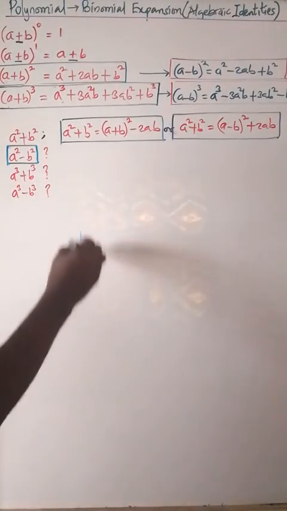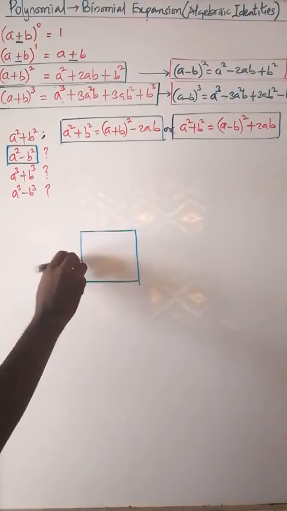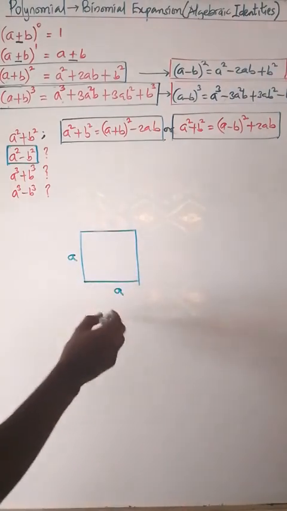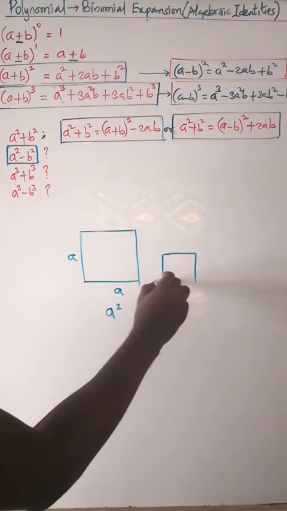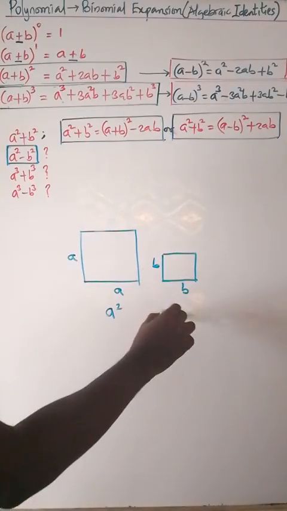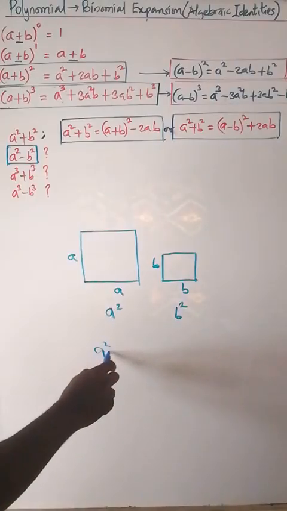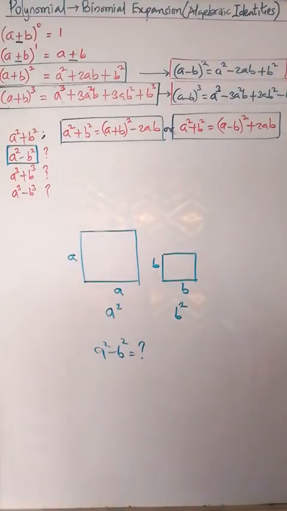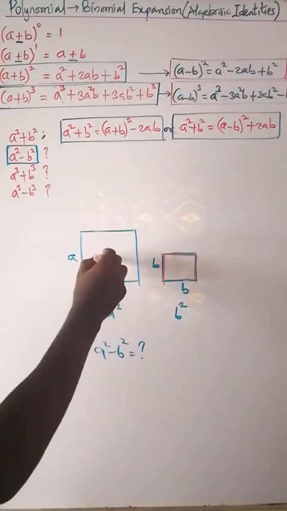Now suppose we have a square of side a. The area of this square is a squared. If you have a smaller square of side b, the area of this one is b squared. So our aim is to get the difference between a squared and b squared, the difference of two squares. How can we do this? This second square here, let's put it inside here.